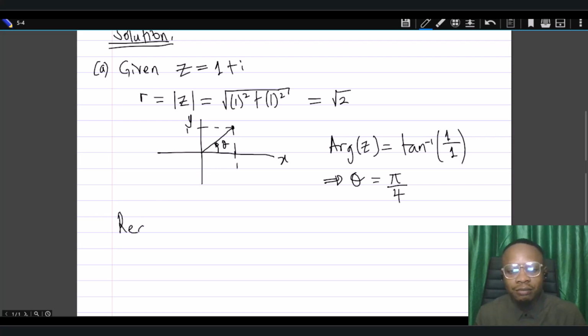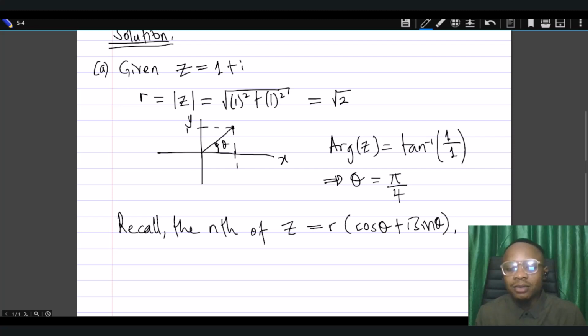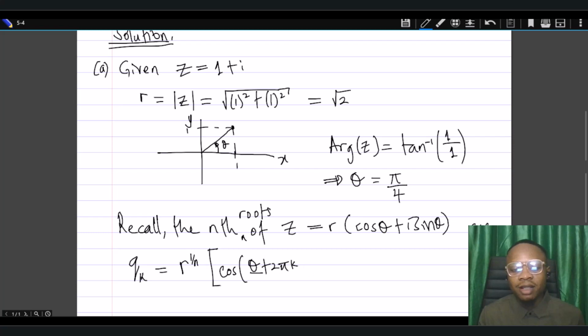You should recall that when you have z as r into cos theta plus i sine theta, its nth roots, the nth roots of a complex number z in polar form, are given by q sub k, as we obtained in the last lesson, equal to r to the power 1 over n, then into cos of theta plus 2 pi k divided by n plus i sine of theta plus 2 pi k divided by n.